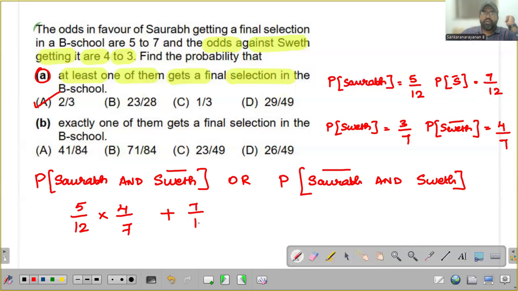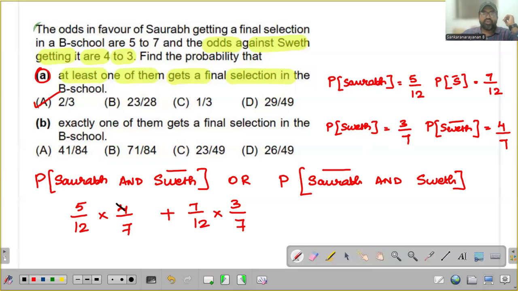And the probability that Shwet got selected is 3 by 7. Please observe, it is calculated as 5 by 12 into 4 by 7 plus 7 by 12 into 3 by 7. So that is the reason why I wrote it like this. Got selection on this side, didn't get selected on the other side. So this will help you to see it as 5 by 12 into 4 by 7 plus 3 by 7 into 7 by 12. Okay, let us go ahead with the simplification.